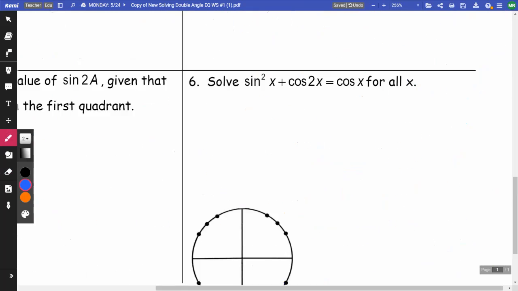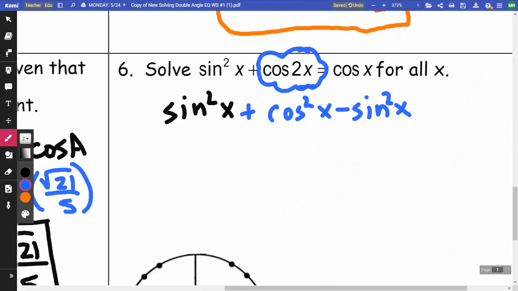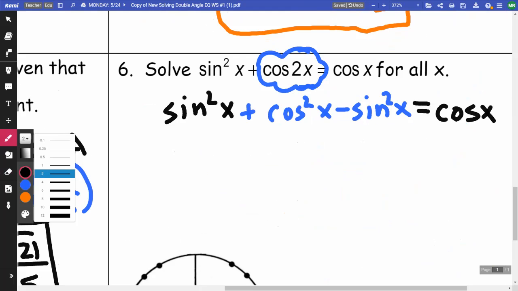Okay, so let me finish the rest of that equation, equals cosine x. So I am taking sine squared x, sine squared x. In place of this cosine 2x, I'm putting this, and then equals cosine x. So what's going to happen is I have this sine squared minus sine squared. That's going to cancel out.